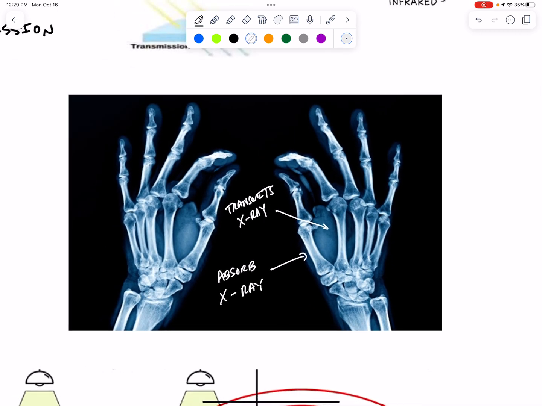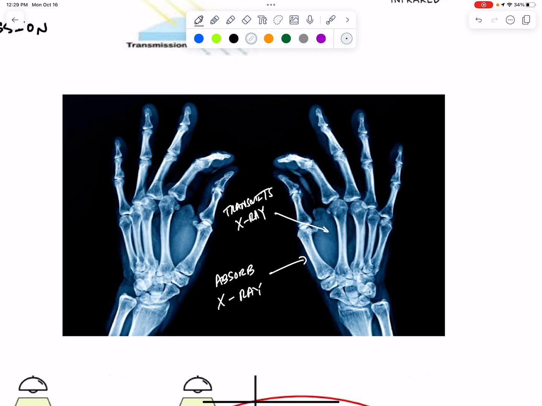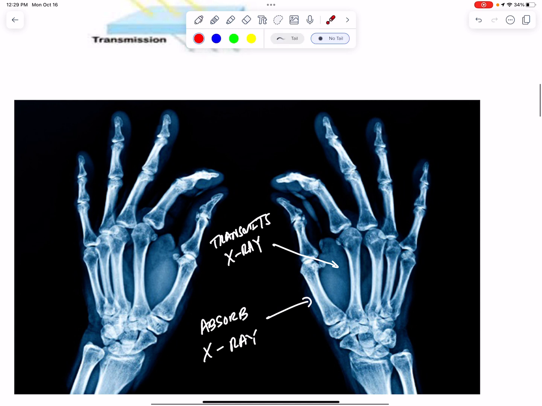But then this is in contrast to visible light, which is totally absorbed by the hand. So if you take visible light and you shine it up to someone's hand, we see that light is absorbed and also reflected off of their hand.